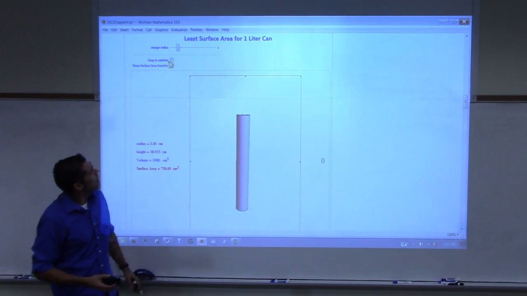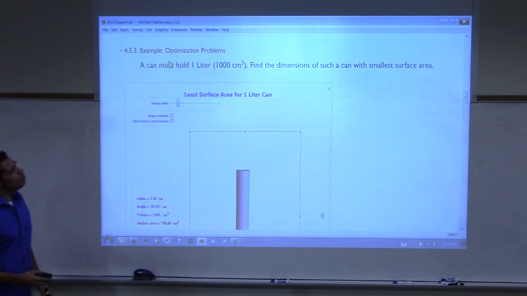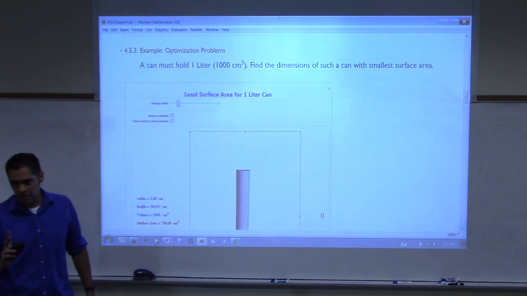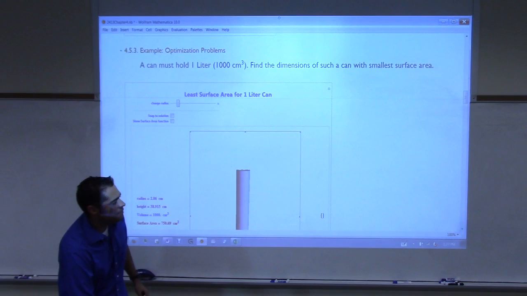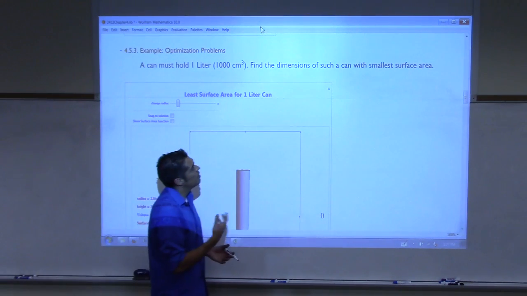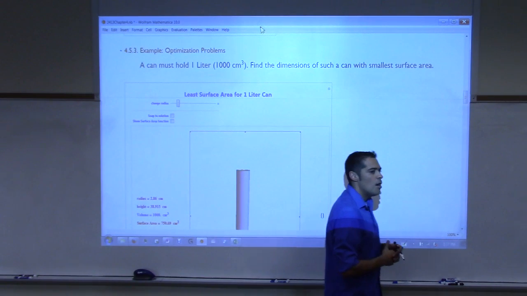So the problem here is saying a can must hold 1 liter, which is equivalent to 1,000 cubic centimeters. Find the dimensions. This is different than the last problem. The last problem said find the maximum area. This one's saying find the dimensions of such a can with the smallest surface area.